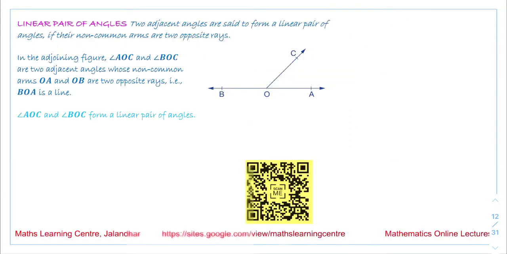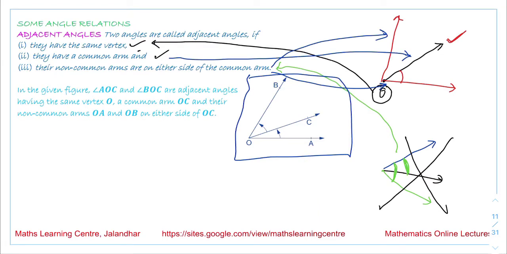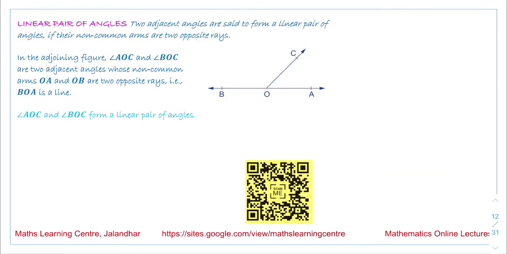Next definition we have is the linear pair of angles. Last time we saw the definition of the adjacent angle. Now we are saying two adjacent angles are said to form a linear pair if their non-common arms are opposite rays.